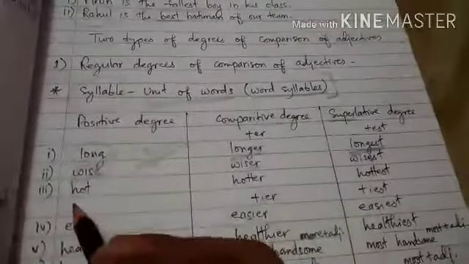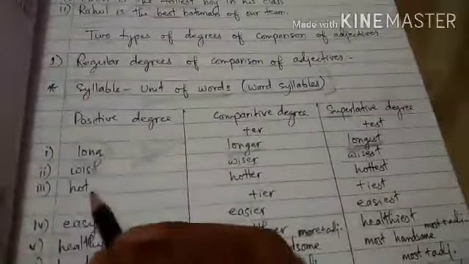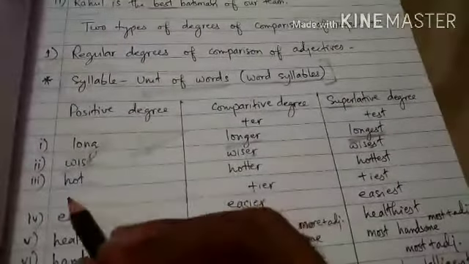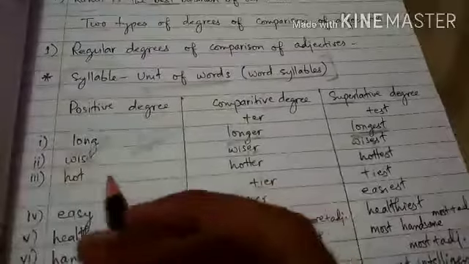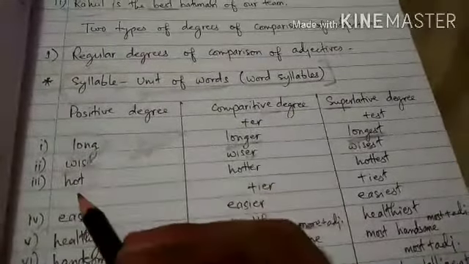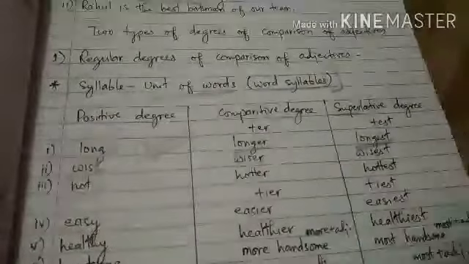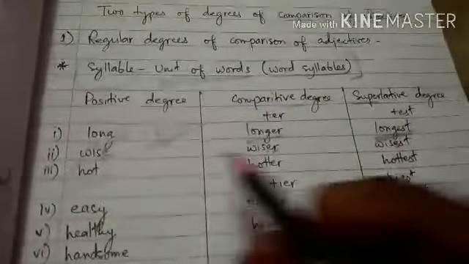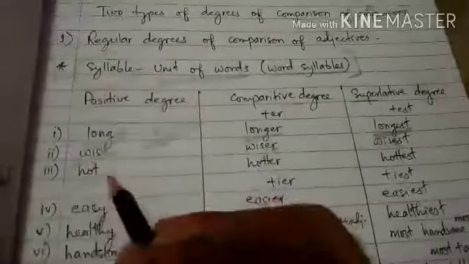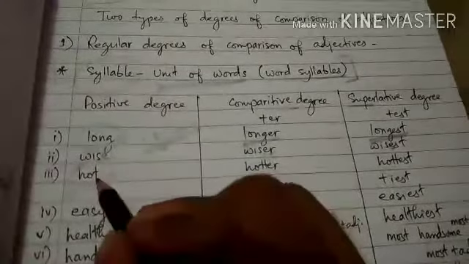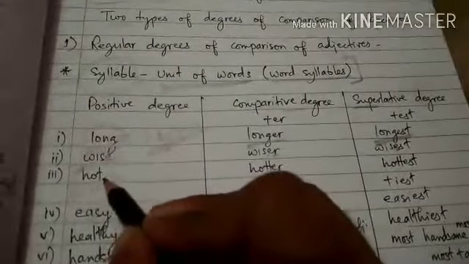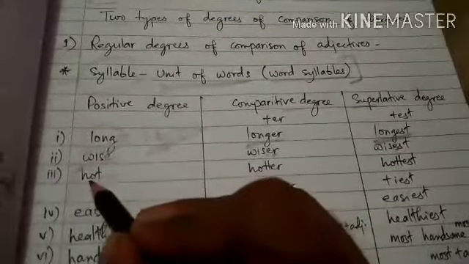Now hot. Another important information to understand here about the formation of degrees of adjectives. This is hot. Hot is also a single syllabic word, but it ends with consonant and it has a vowel before it.